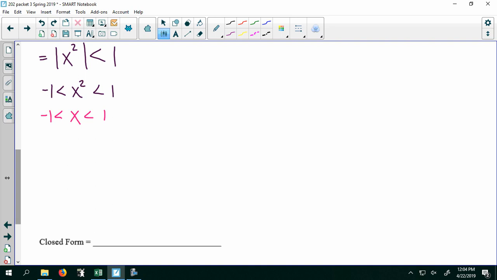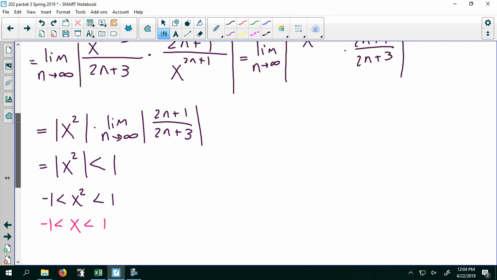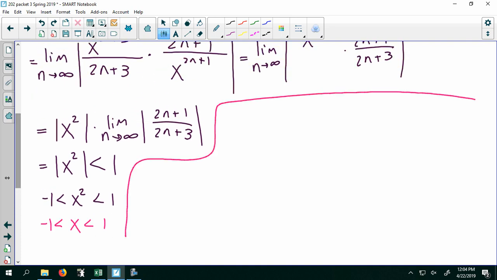I have to test the endpoints separately. So I'll scroll up a bit to do that. I think I'll rewrite my closed form so I can refer to it. The sum from n equals 0 to infinity of (-1)^n times x^(2n+1) over 2n+1. Okay, so now I'm going to replace the x with a 1. We'll do 1 first.